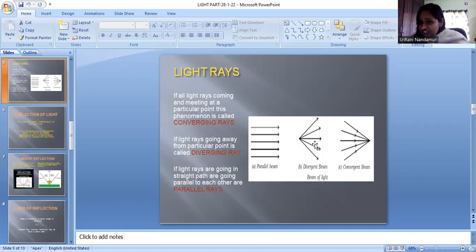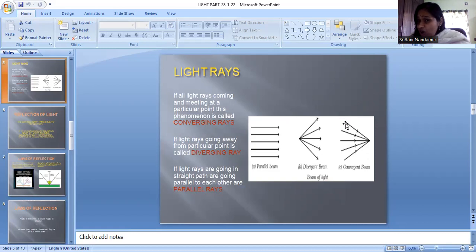Coming to the divergent ray, or a diverging ray or a divergent beam, you can call it anyway. Here, all the light rays are going away from a point. If you think this is the point, from this particular point all the light rays are going back. You can see in this figure. Children, observe this figure.